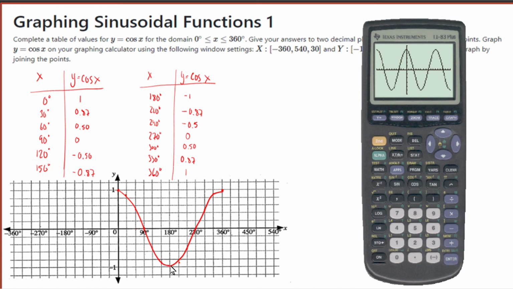Like that. Now you could extend the graph in our graphing calculator. Our minimum x value is negative 360, so it actually goes all the way down to here. If we look at our graph here, we see that at negative 360, our y value is 1. So we could sketch it out here a bit further.